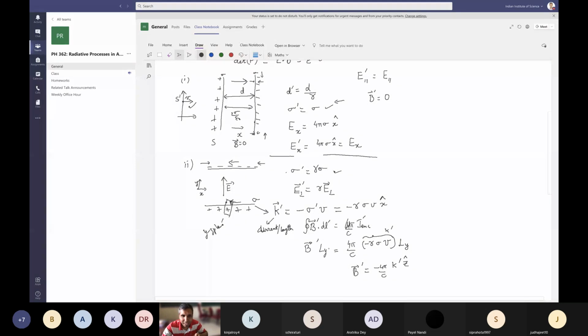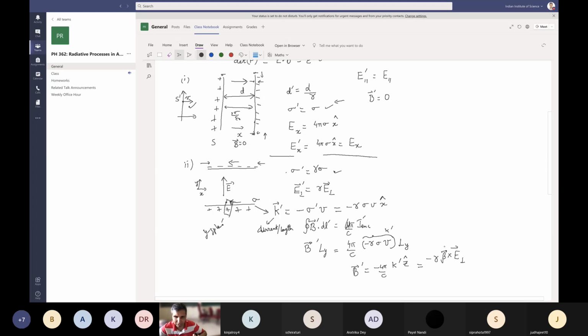You're basically considering a very thin Amperian loop in the y direction. The extent in the y direction is thin, so you are basically getting this, and this is nothing but minus gamma beta cross E, which is E perp.